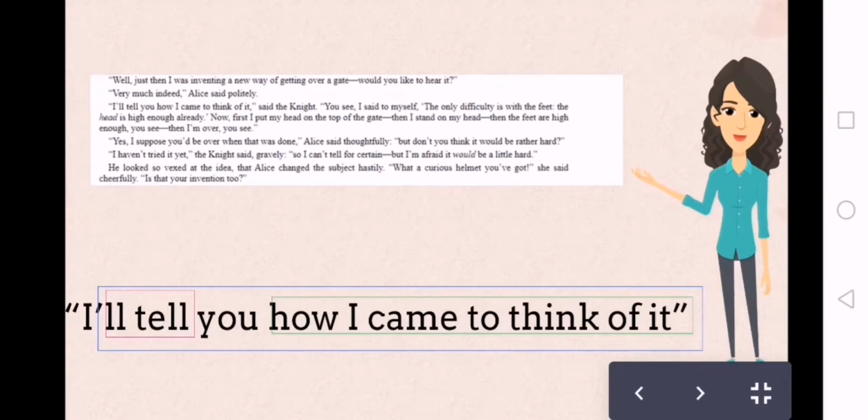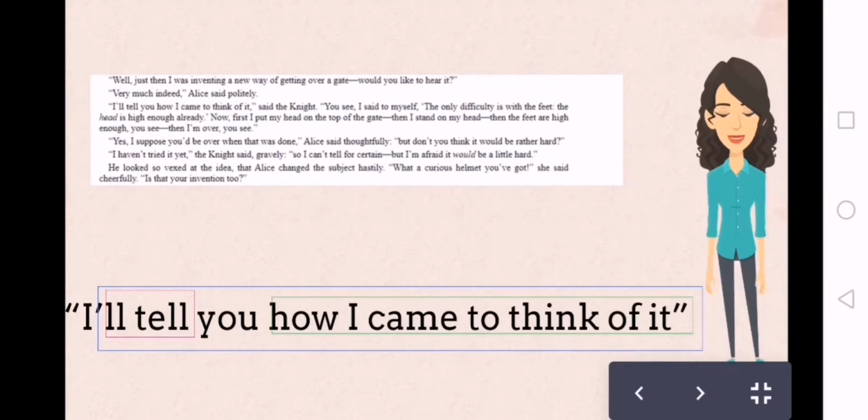Our next sentence is "I'll tell you how I came to think of it." This complete sentence has "how I came to think of it" as its noun clause, while the subject is "I" and "will tell you" is the main verb. So the predicate is "will tell you how I came to think of it."